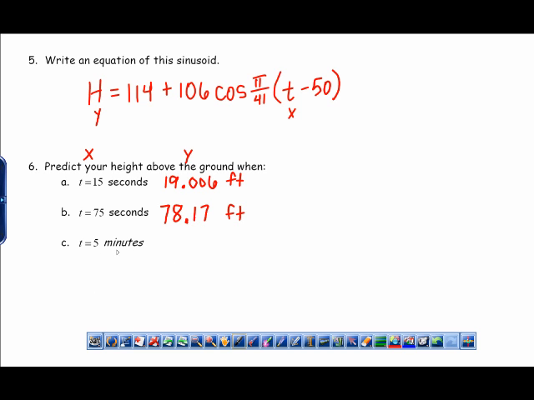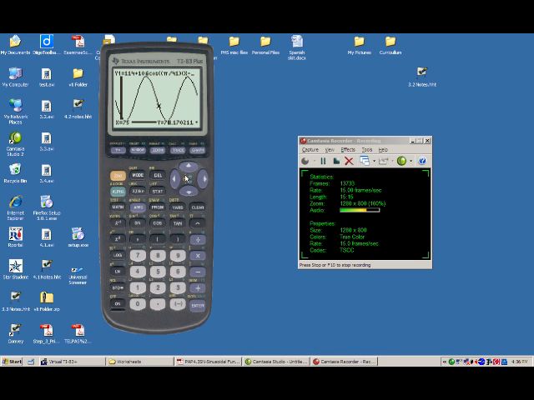So 5 minutes. Now I put minutes in italics so that this would catch your eye. You need to change this to seconds. So that's going to be 300 seconds because you would multiply by 60. And if I try to do this on my calculator, if I'm in trace mode and I try to type in 300, I might have a little bit of a problem. I hit go to, and the problem is that this number is outside of my window range.